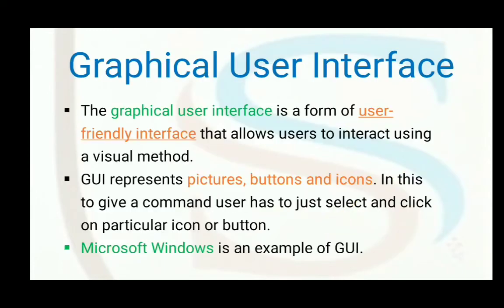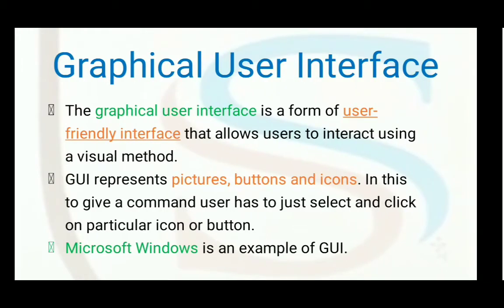Let's see. GUI, full form of GUI is graphical user interface. The graphical user interface is a form of user-friendly interface that allows users to interact using a visual method. So it is a very interactive interface where the user can easily interact with the computer.